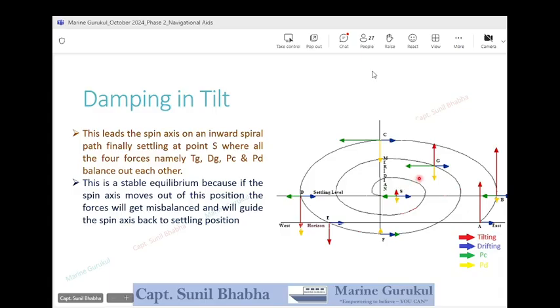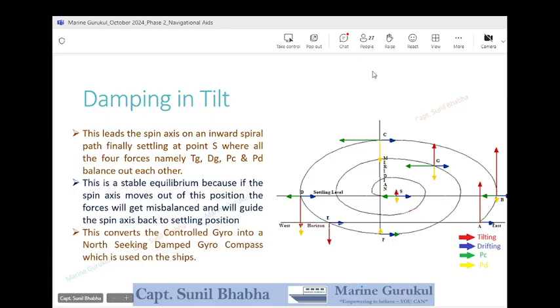Now once you leave it here, the balance of all the four forces will get mismatched again, it will start moving on a spiral path like this and eventually come back and settle at this particular location only. So wherever you take and leave the spin axis, it is going to move on a spiral path and then eventually settle down at this particular location only.